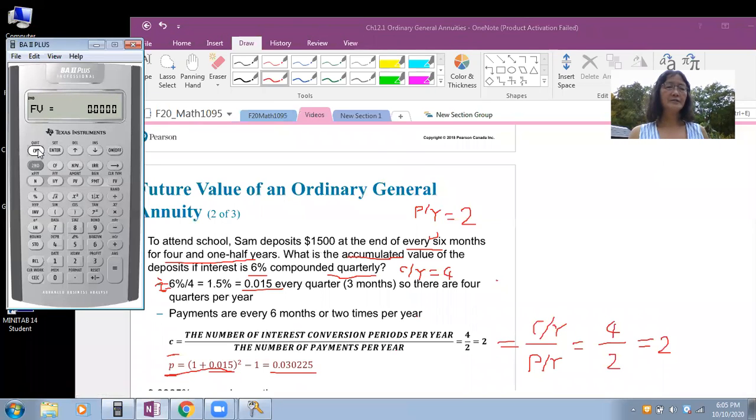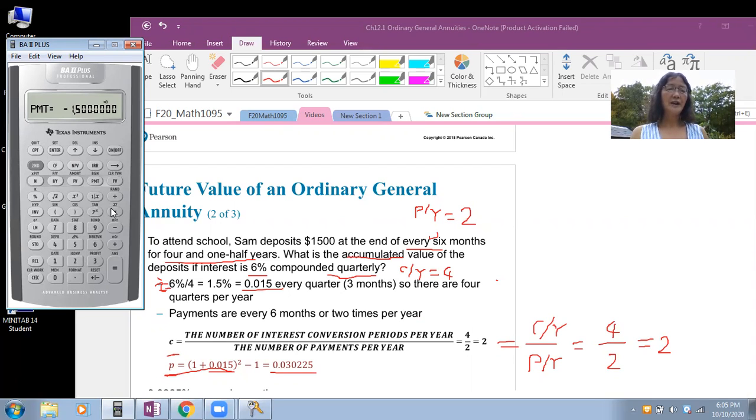Second, quit. Then second, PY. PY equals 2, so enter 2, press enter. Then use the down arrow key to CY. CY is 4, enter 4, then enter. Now second, quit. Next, you enter 1,500, that is negative PMT.